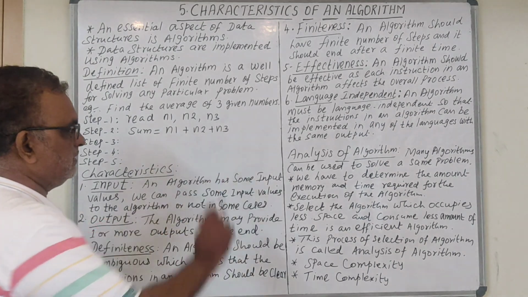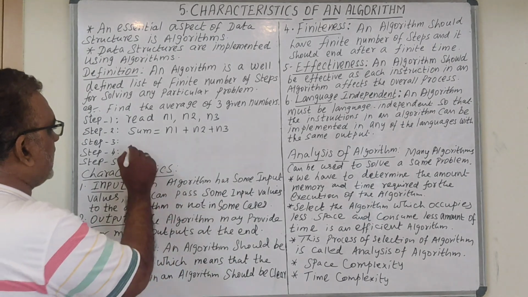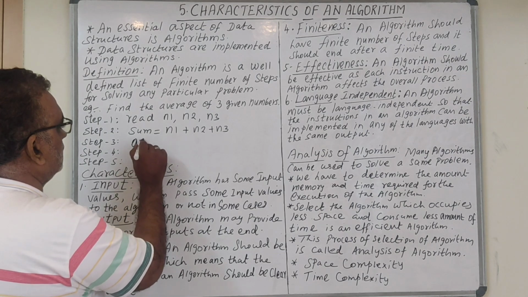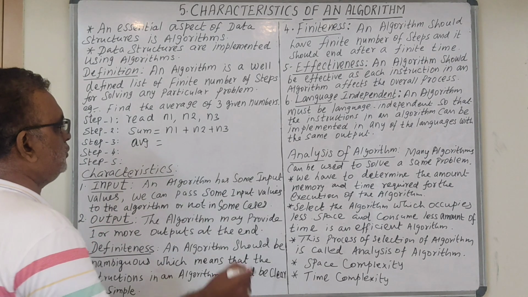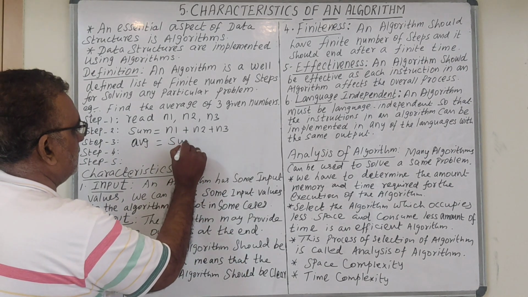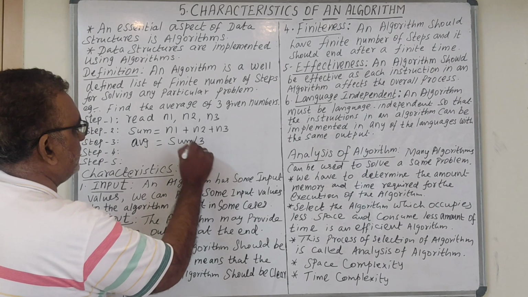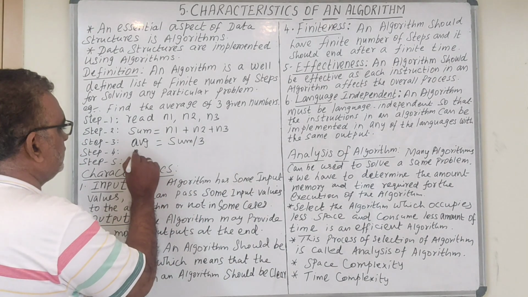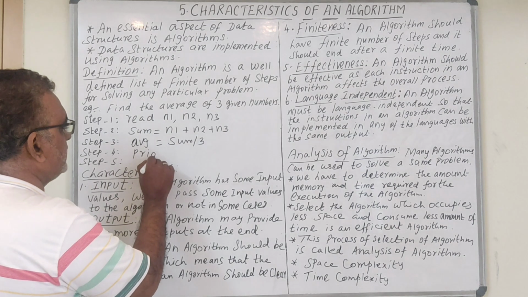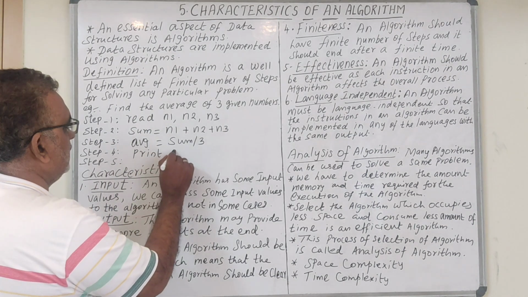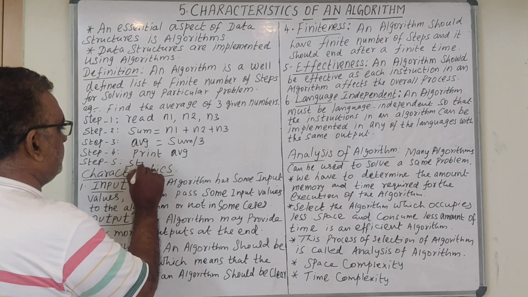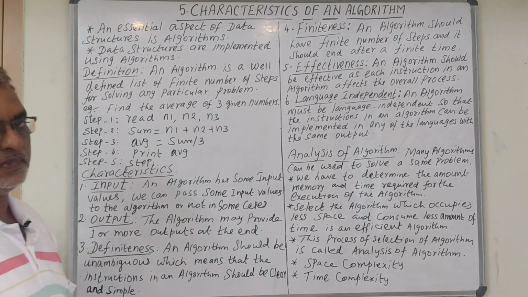We calculated the sum. In order to calculate the average value, average is equal to sum divided by 3. So finally we have to give the output, that is print AVG, average, and the last step is stop.